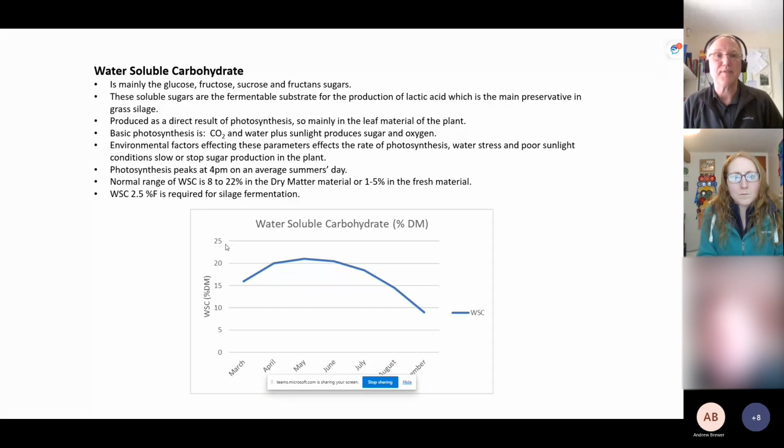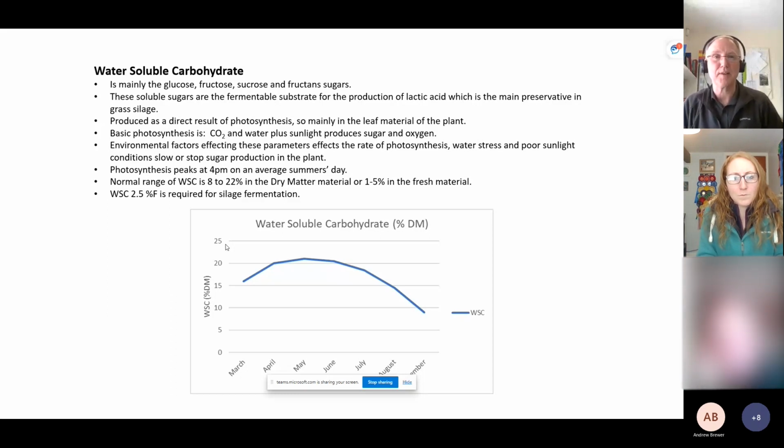And the parameter in itself, the normal range for sugars is between 8 and 20% of dry matter, or between 1 and 5% of the fresh material. So it depends. Some reports will give you it in the dry matter. Some reports will give you it in the actual fresh or grazed grass type, depending on the way you're reviewing the data.